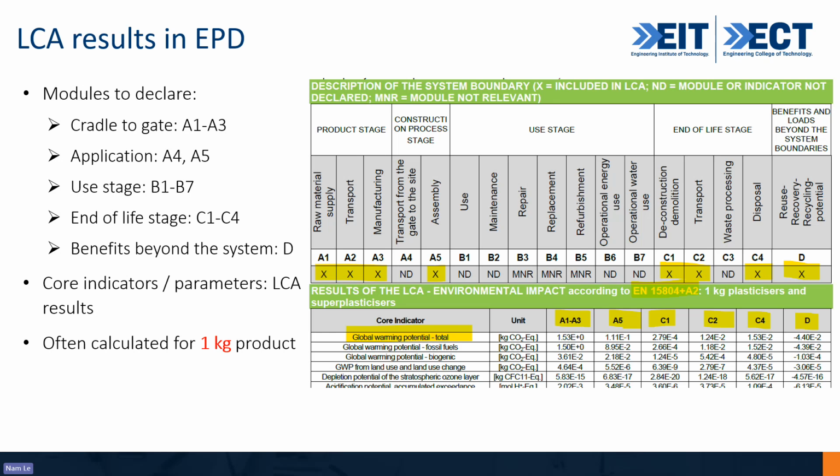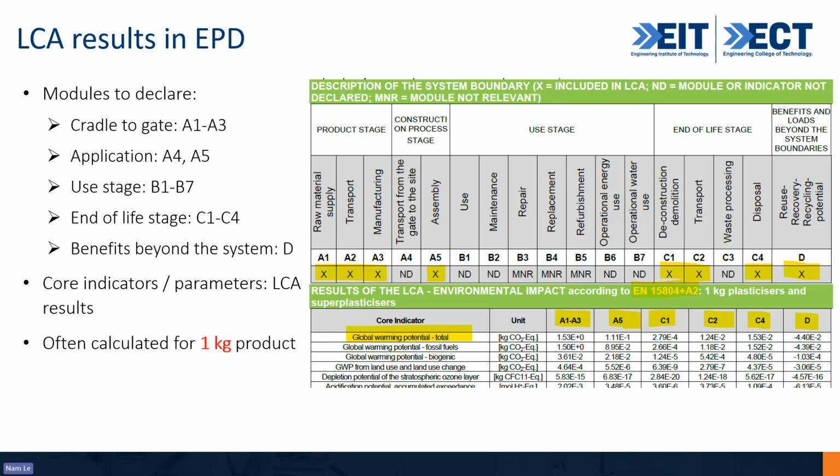And after this, your products will move to the next stage of application when they are transported to the site. A4 is the module when you transport the product, and A5 is the assembly at the site. The use stage means all the environmental impacts your product has during its usage at the site.